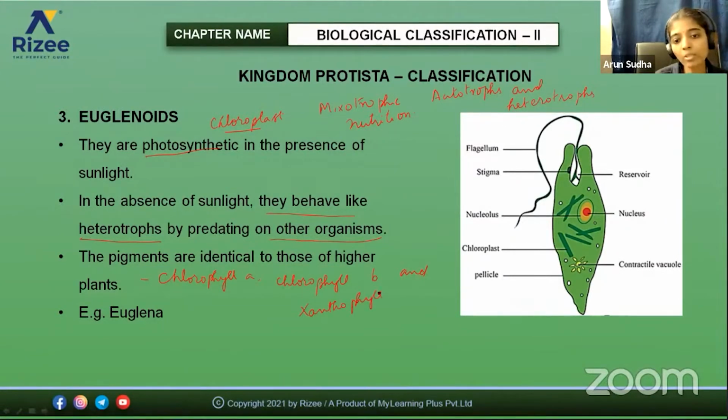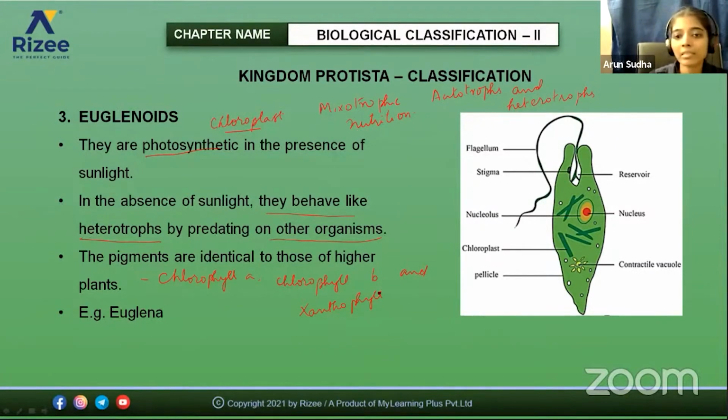So these pigments are similar to those of the higher plants. So they can photosynthesize their own food. The main difference is that they can act as both autotroph and heterotroph. So that is called mixotrophic nutrition.